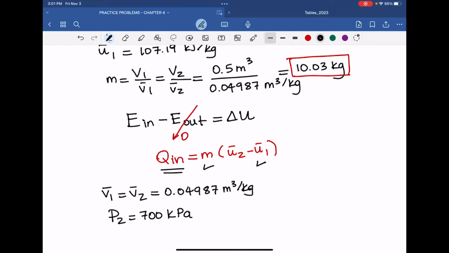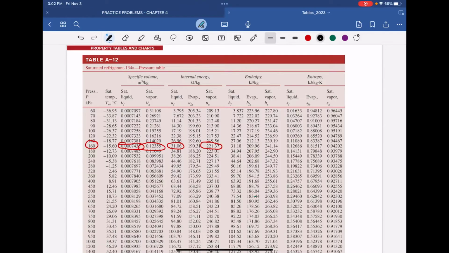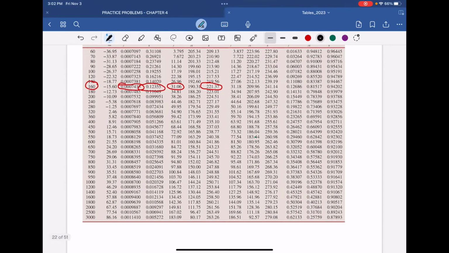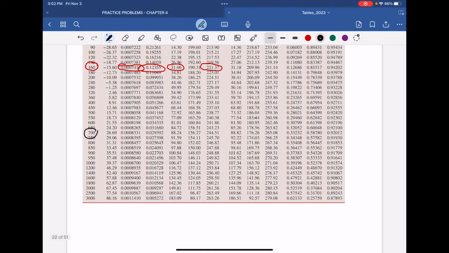Now we are trying to figure out what U2 is. So it's a property that we are looking for, and you need to look at the right tables. So how do we understand? At 700 kilopascal, we are going to compare the specific volume value we have with Vf and Vg. So Vf is this, Vg is that.